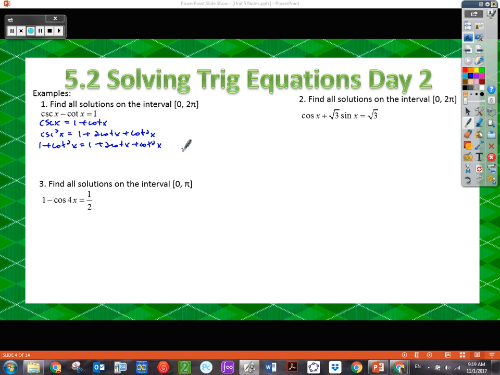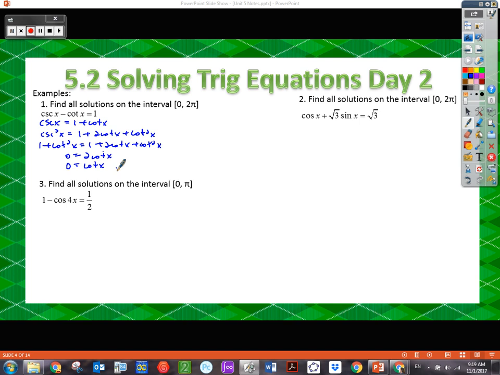Okay, so now I'm just going to combine like terms, get it all cleaned up. You see the cotangent squareds are going to divide off, and the ones are going to go away. So I'm basically left with 0 equals 2 cotangent x. I divide the 2 off, and I get 0 is cotangent x.